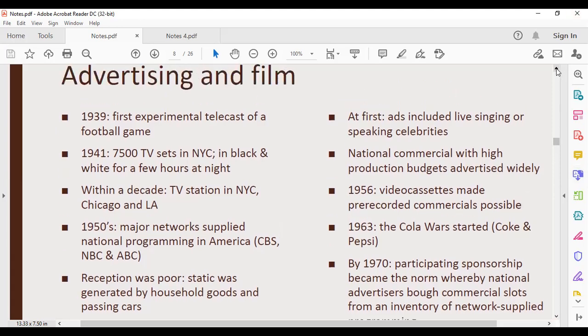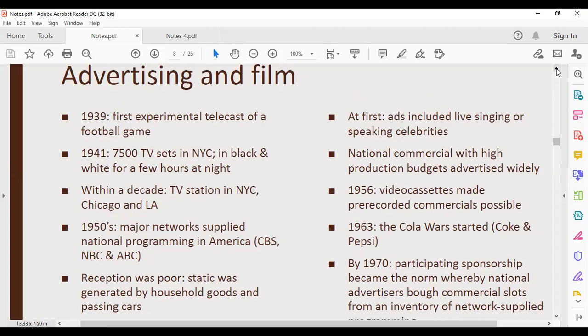At first, advertisements included live singing and speaking celebrities, national commercials with high production budgets, and were advertised widely. In 1956, we had video cassettes made, making pre-recorded commercials possible. In 1963, the Cola Wars started, Coke and Pepsi.